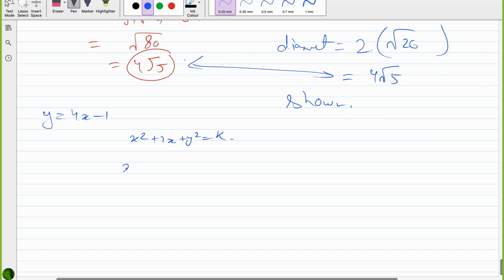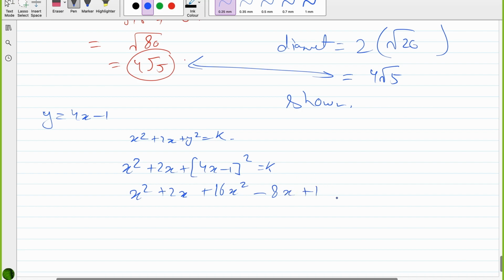substituting y, x squared plus 2x plus this is (4x minus 1) whole squared is equal to k. So x squared plus 2x, this is a squared minus 2ab plus b squared, bringing k on this side is this. Now we rearrange, this is 17x squared, 2 and that minus 6x, and 1 minus k.